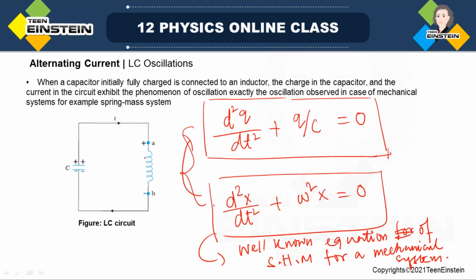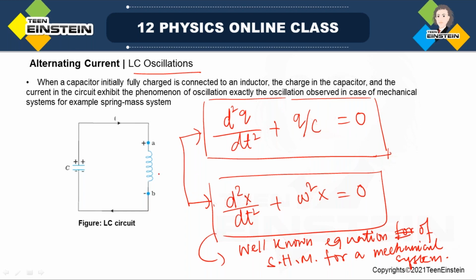So can I say that the LC circuit exhibits oscillations if I compare these two equations? Yes. If we compare these two equations, then we can say that the LC circuit exhibits electric oscillations similar to the simple harmonic oscillation that is observed in case of a mechanical system. Okay? So that's why the topic is LC oscillation.